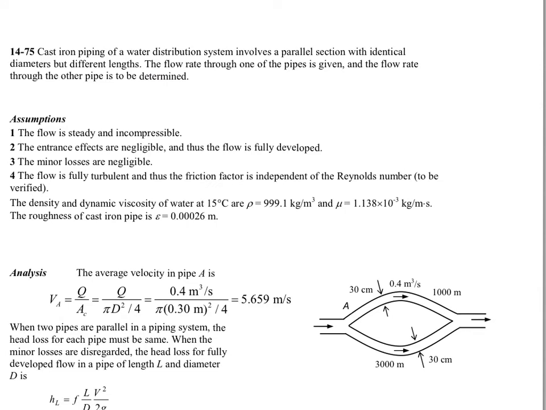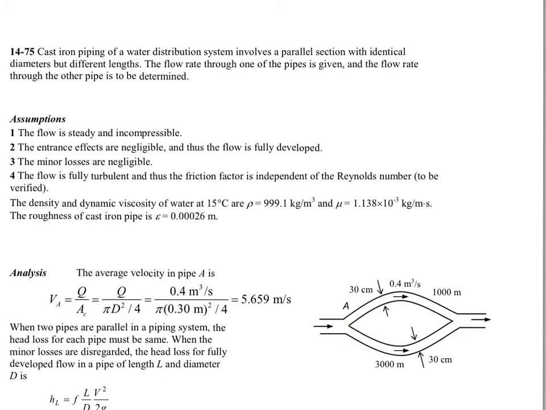So remember, when water comes to a junction, it divides into two sections. The very important point that you have to realize is the flow divides, but the pressure drop between these two points is the same whether you go through the shorter pipe or the longer pipe.